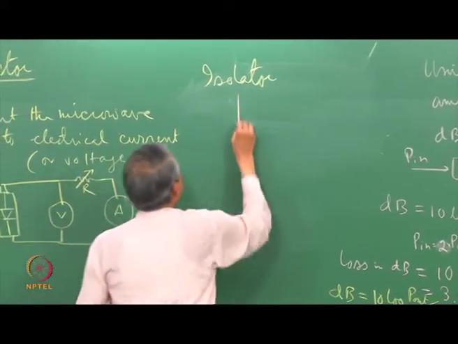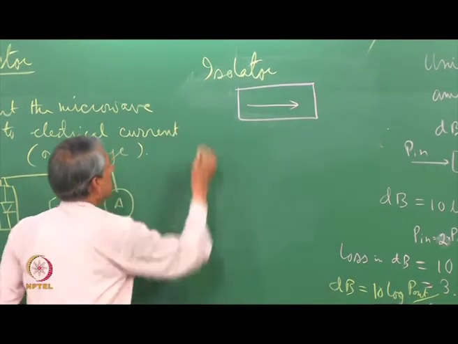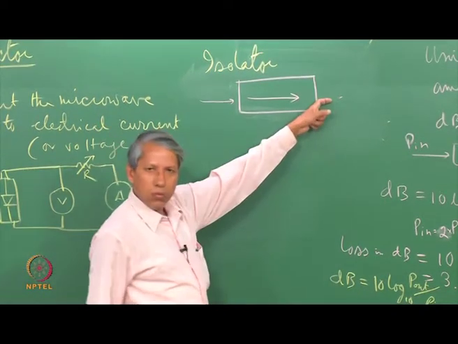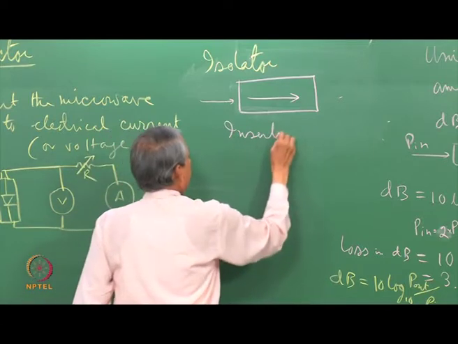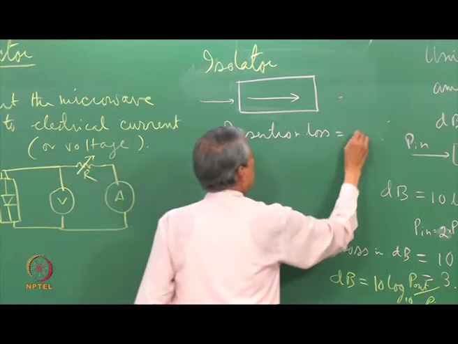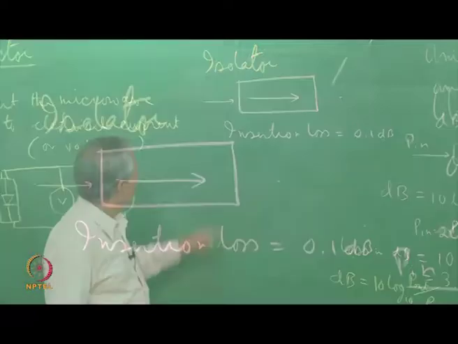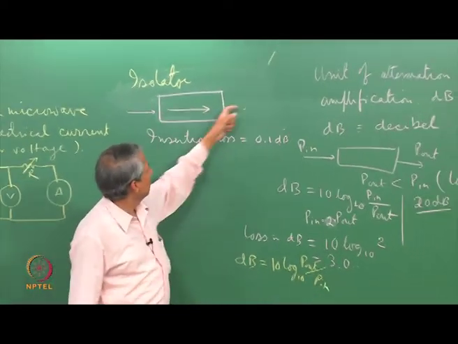So, this is, let us say, the microwave isolator, and we drew it this way. The power goes in here, it comes out here with very little loss. I call it insertion loss, let us say of the order of 0.1 dB. That means you can figure out that almost 99% of the microwave radiation will come out here.